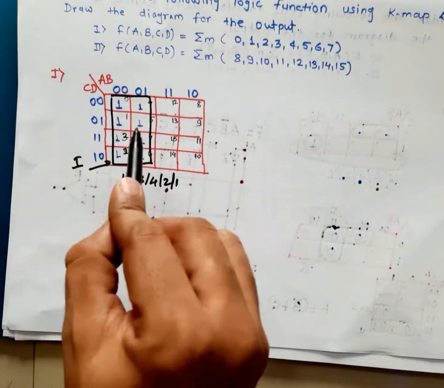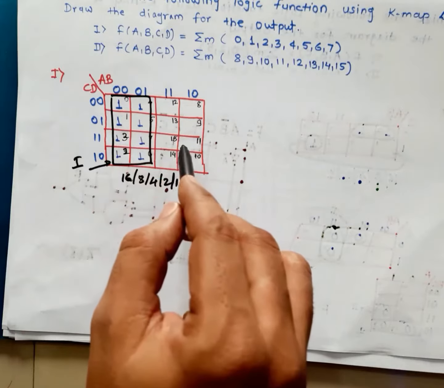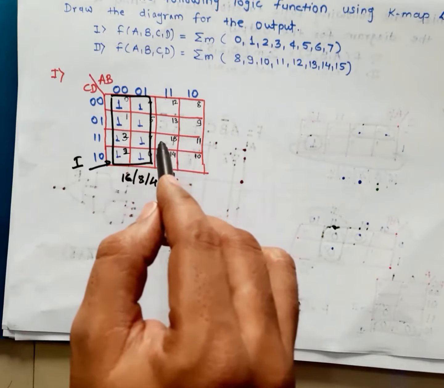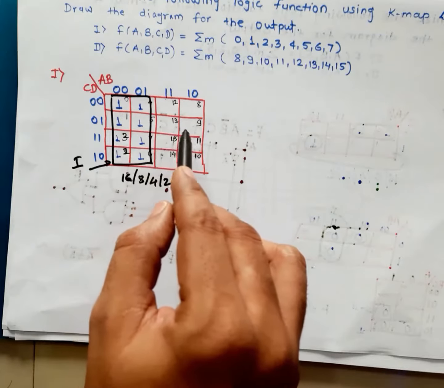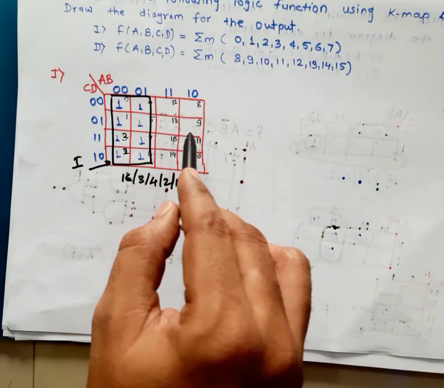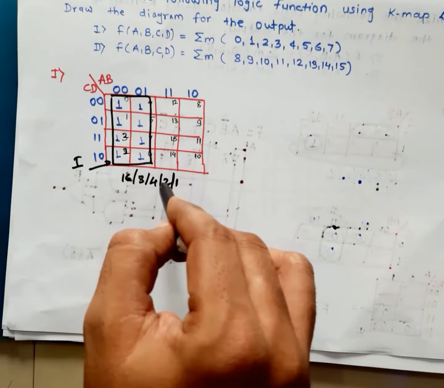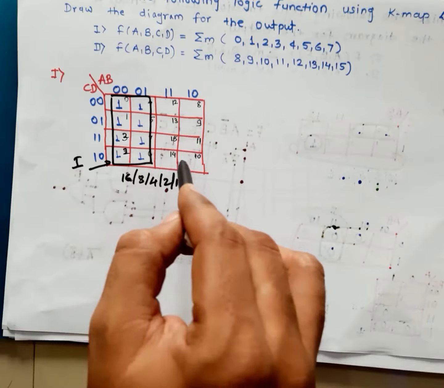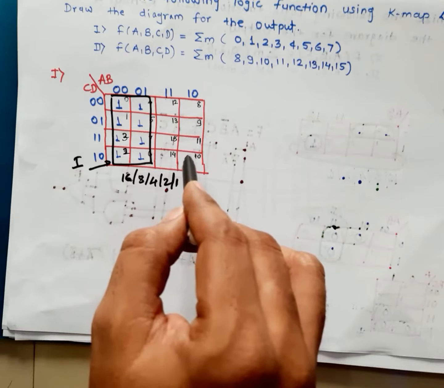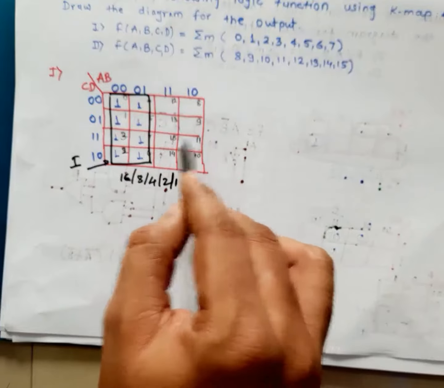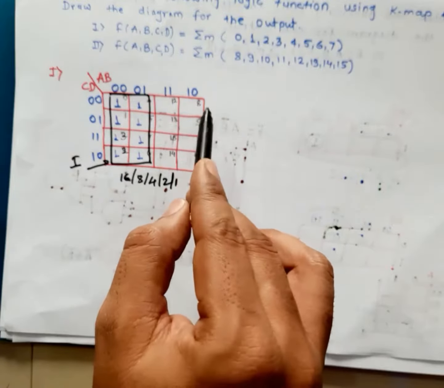Our aim in a K map is to cover the cells which contain high values, either in a group of 16 cells, 8 cells, 4 cells, 2 cells, or as individual cells. In SOP form, we want to cover all the high values in the K map.